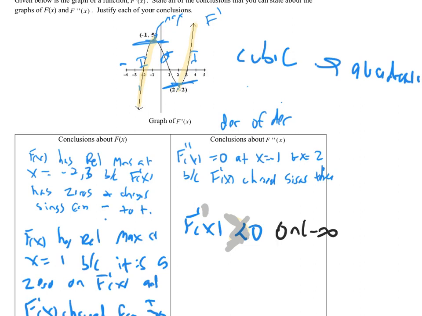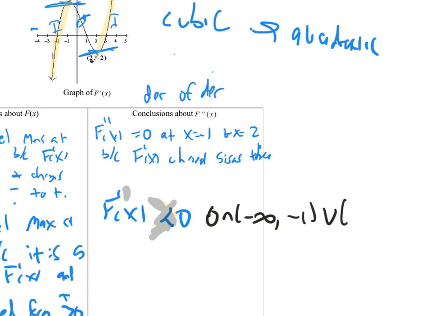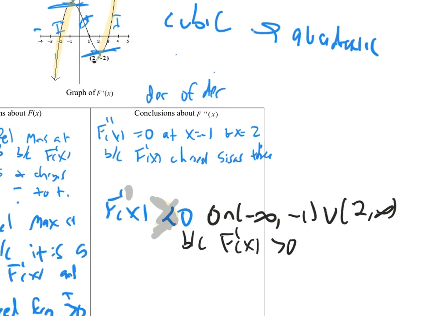The interval is negative infinity to that mountaintop, -1. Yep, -1, union, and then it picks back up at the valley, which is a 2, and it goes all the way to infinity because f prime of x is greater than 0.